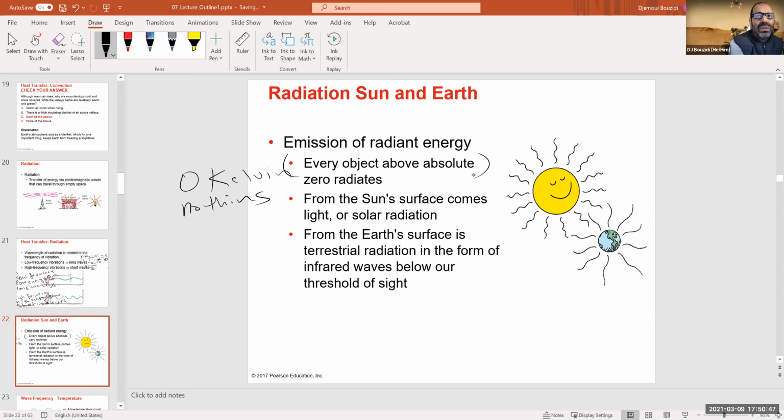It doesn't exist. Since it doesn't exist, basically everything radiates energy. From the sun's surface comes light, or solar radiation. From the Earth's surface, terrestrial radiation: the Earth itself is warm, so it radiates energy. So everything radiates, including you and I and everybody else.